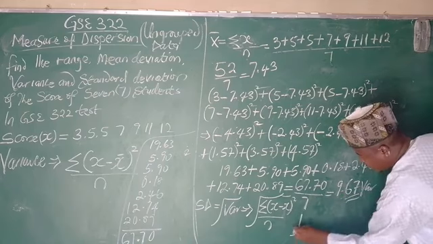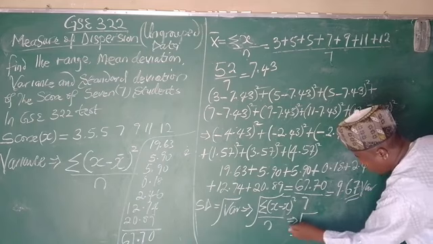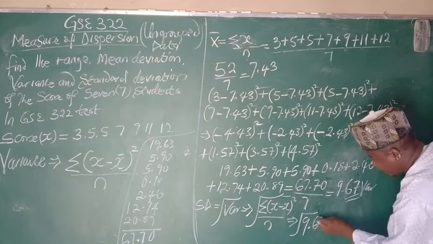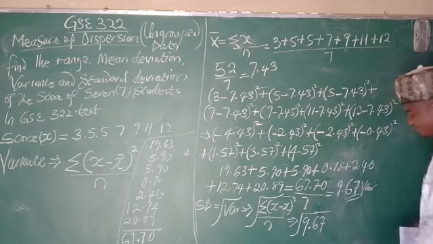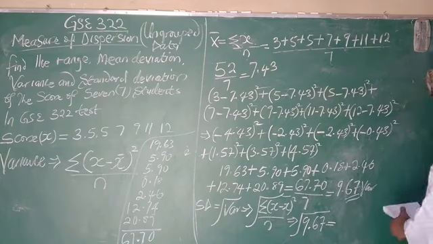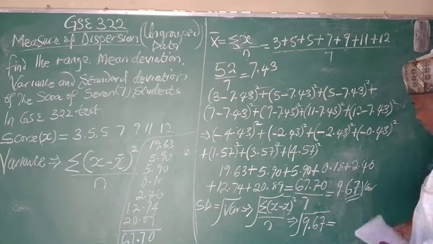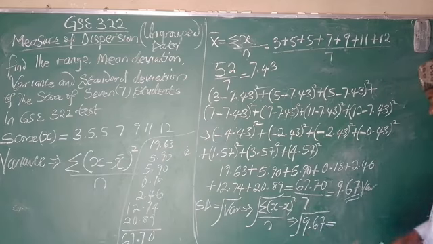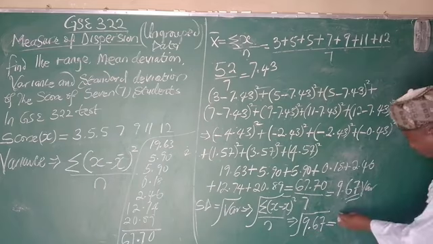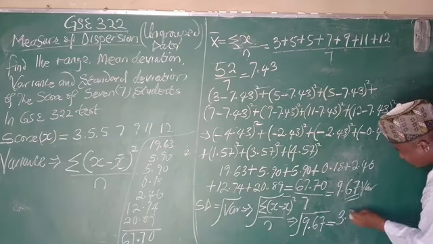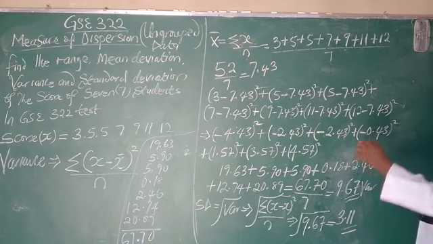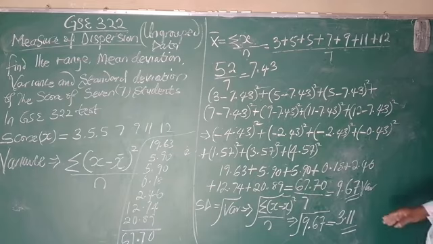As we said, whatsoever you got as your variance, you just have to find its square root. Therefore, now we find the square root of 9.67. With your calculator, when you press square root and put 9.67, the result is going to give us 3.11, which is our standard deviation.